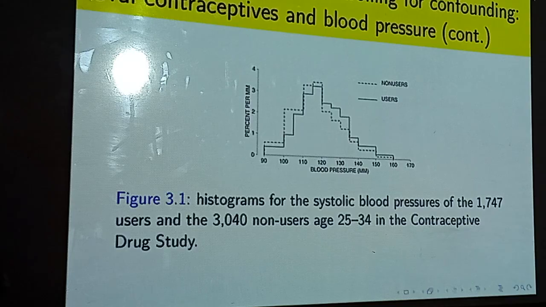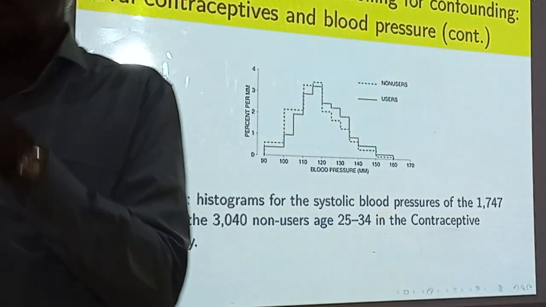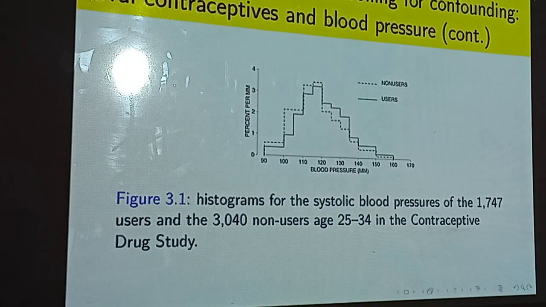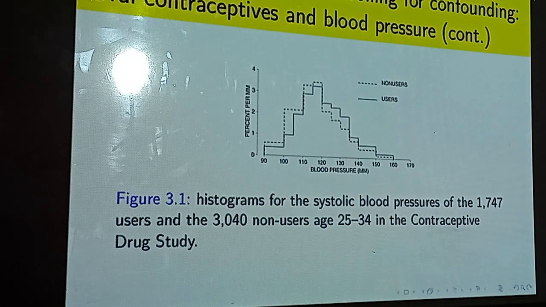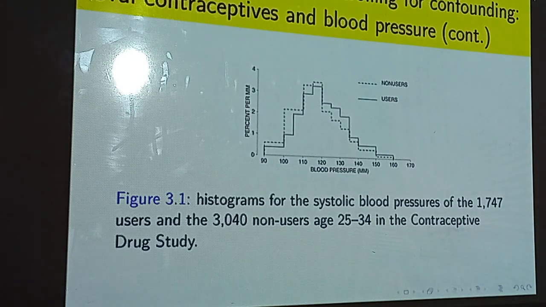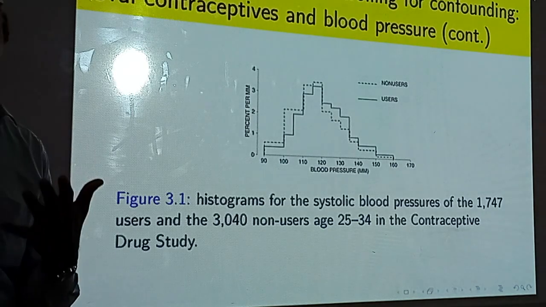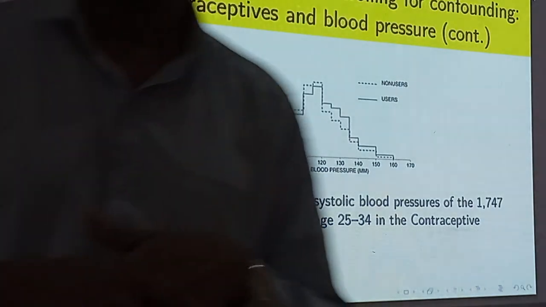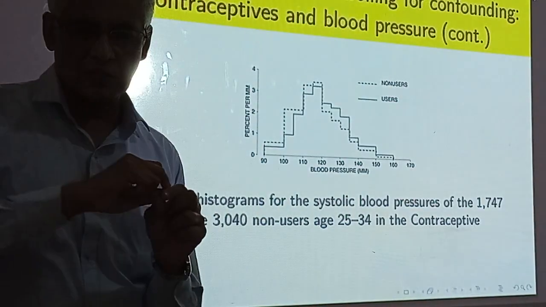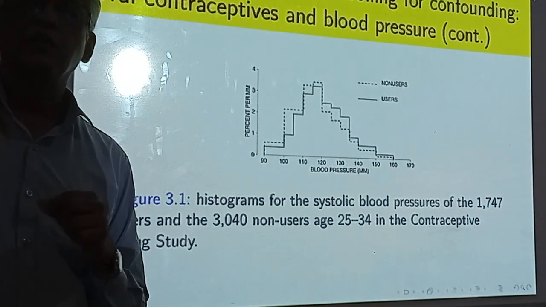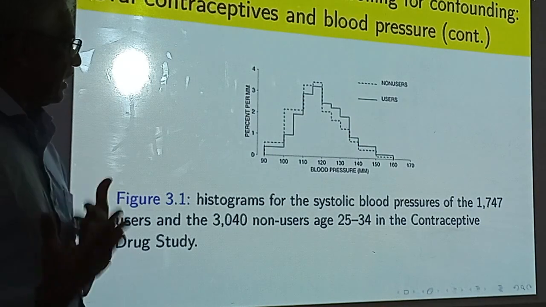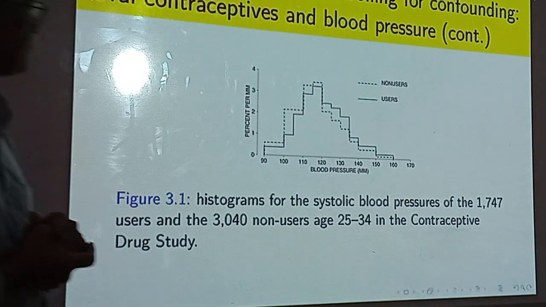If there is any difference, probably mostly that difference is due to the pill, if somebody doesn't come up with some other possible confounder. So we have to think whether there are other possibilities, of course, before we conclude that this is a causation. But at the moment they are considering only age.